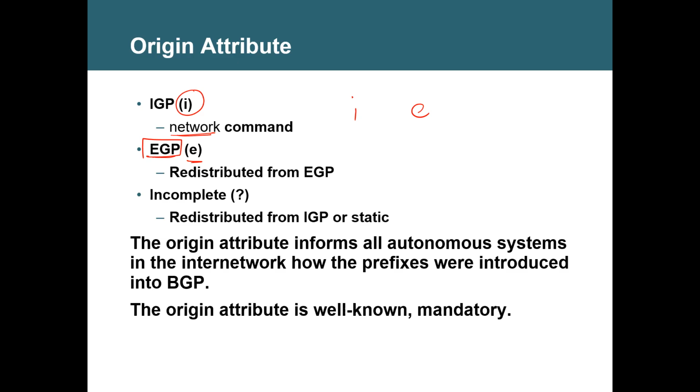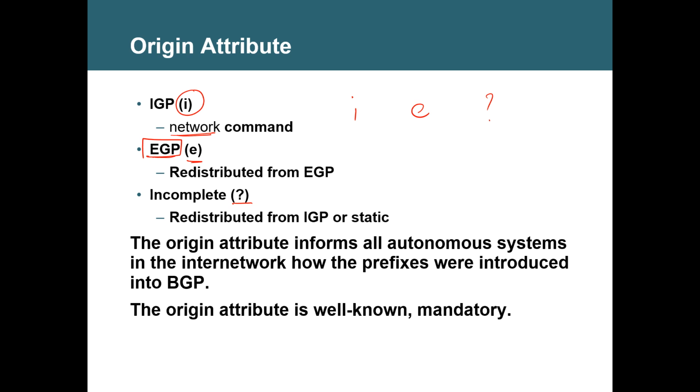And then comes the question mark. This is normal redistribution. When we take an OSPF route or a static route or a connected network and advertise it in BGP, then it carries the question mark, so that any router that receives the update will know that this network is actually from some other source, not originally from BGP.